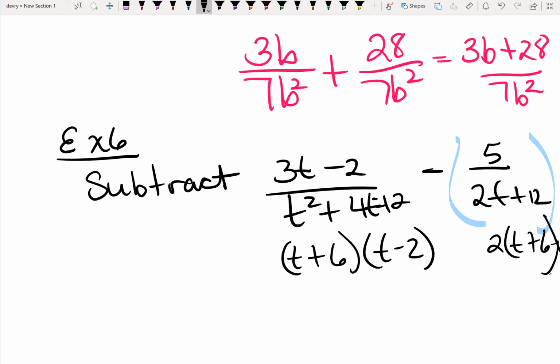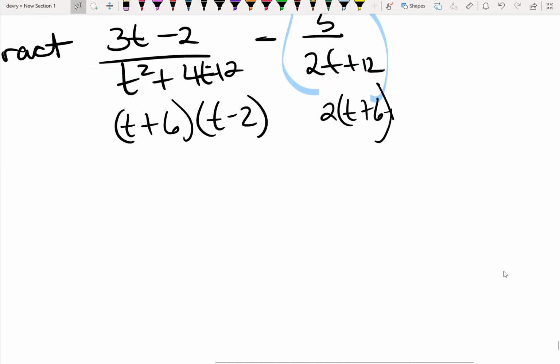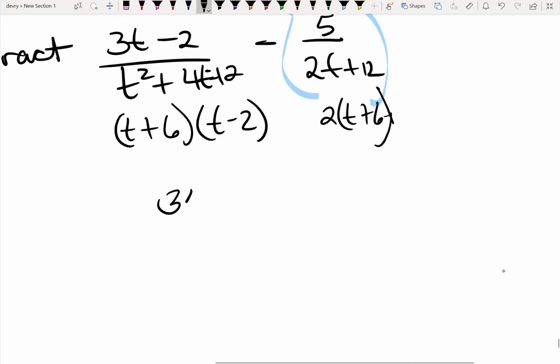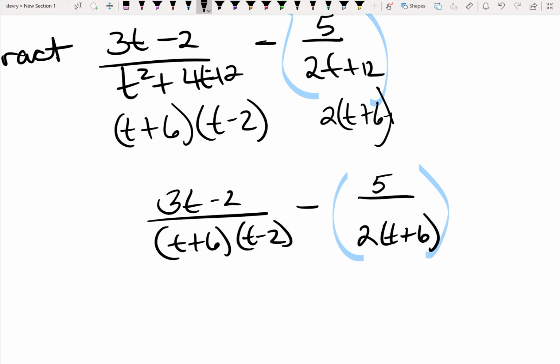And now the question that this beckons is, if my fraction is really 3t minus 2 over t plus 6 times t minus 2, and this is minus 5. So remember, there's a negative here, and again, we're going to build this fraction. So this is 5 over 2 times t plus 6. The question now is, how do I combine this?